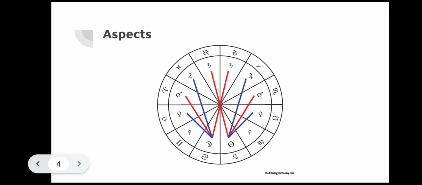And then if you look at the other ones, Cancer, Taurus, Pisces, Capricorn, Scorpio, Virgo, those are all feminine signs. So that sort of brings in another aspect, two aspects.